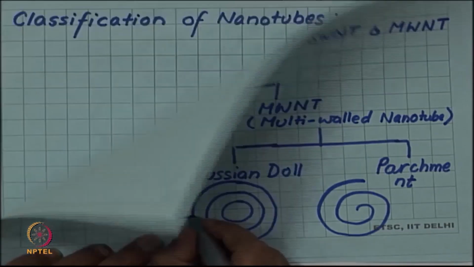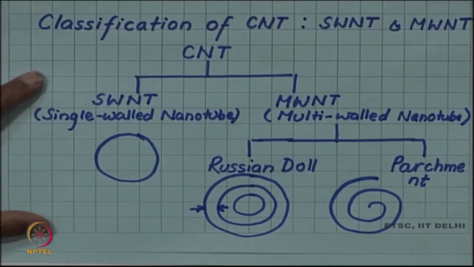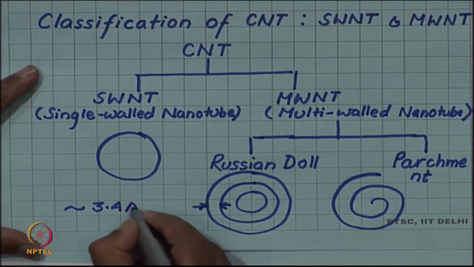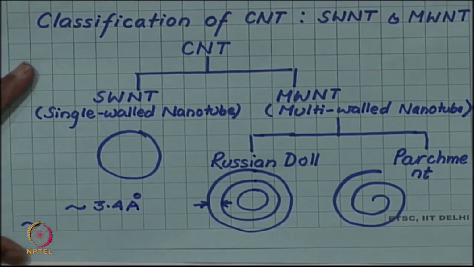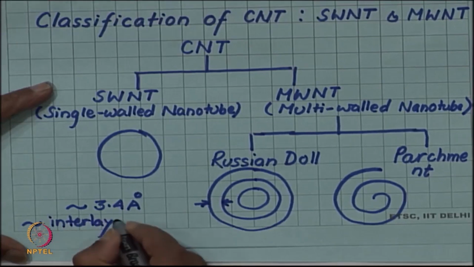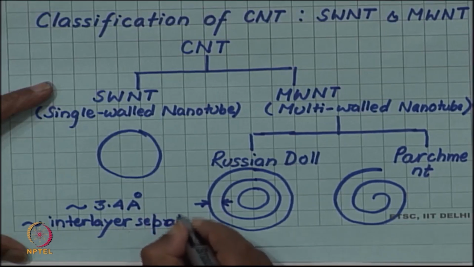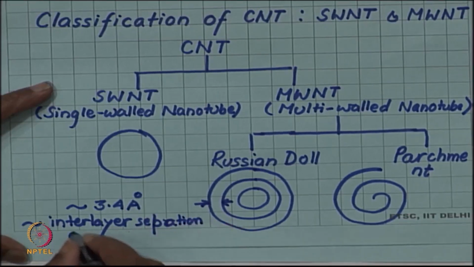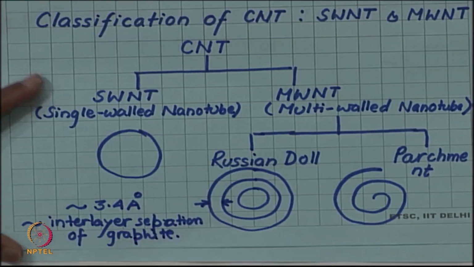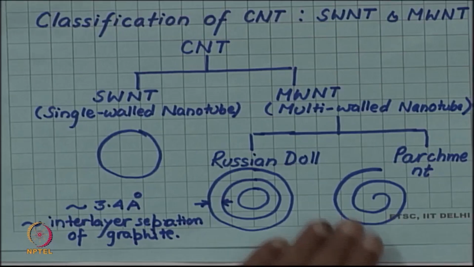The intertube distance in the case of a multi-walled tube is about 3.4 angstrom, which is the same as the interlayer separation in graphite. So, you can think of it as a curved graphite instead of flat graphite.